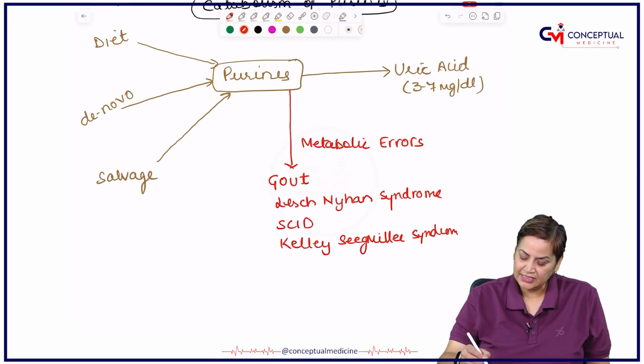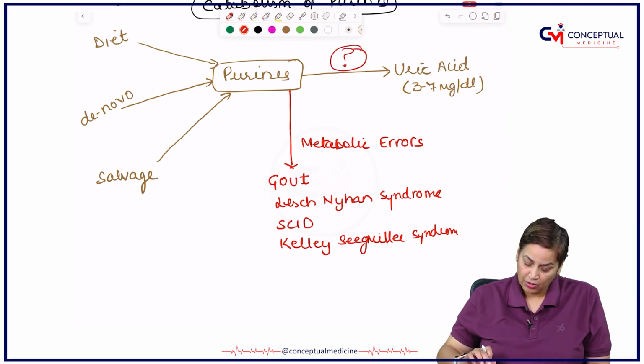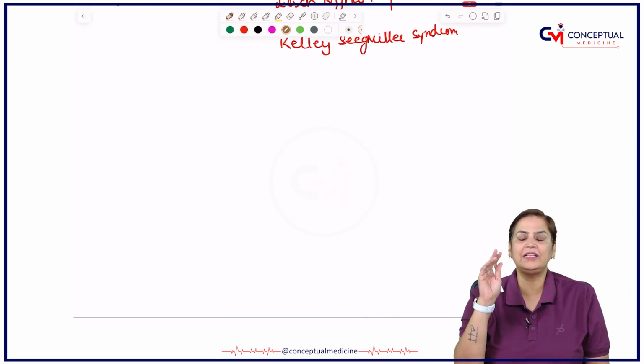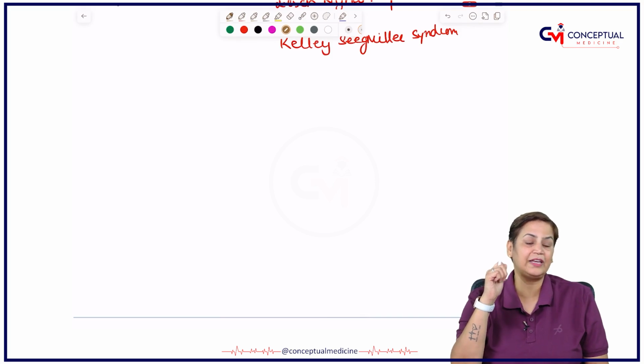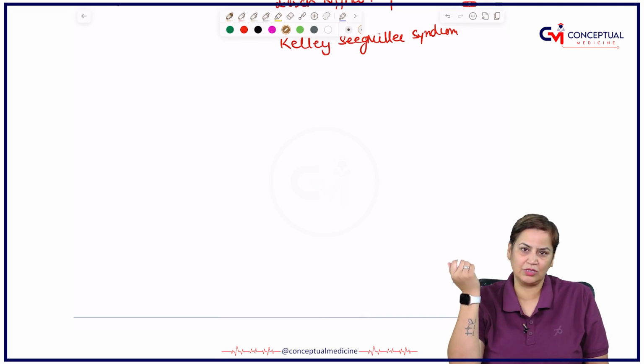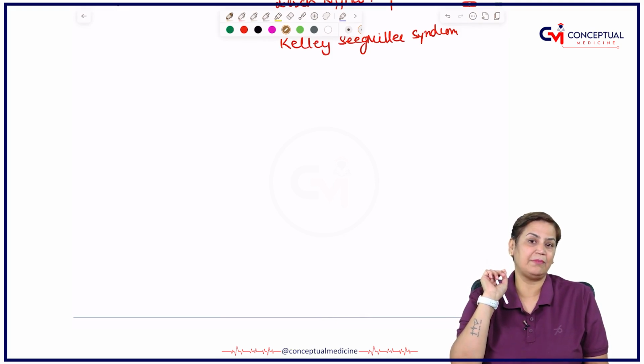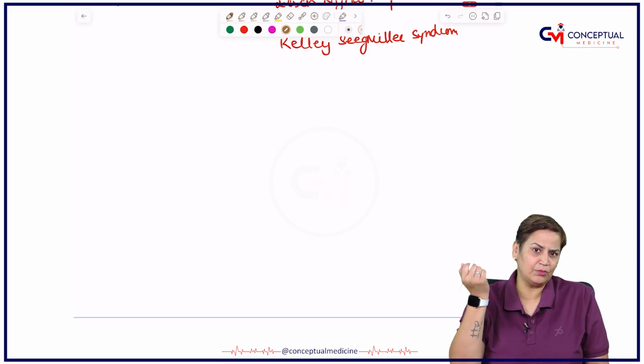Now the question is, how are these purines first of all forming uric acid. We all know that we have just studied that purines are adenosine monophosphate and guanosine monophosphate. And there is one very important intermediate which I mentioned, which is hypoxanthine, which is produced from inosine monophosphate.